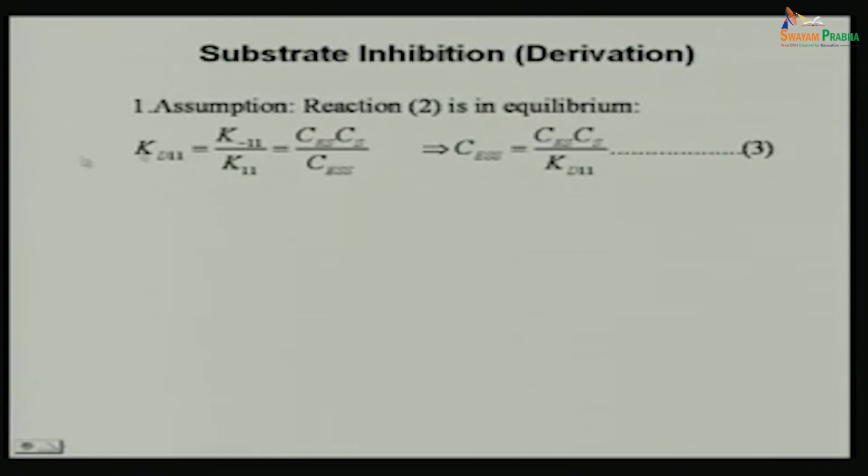So you can have C_ESS as C_ES times C_S over K_D.